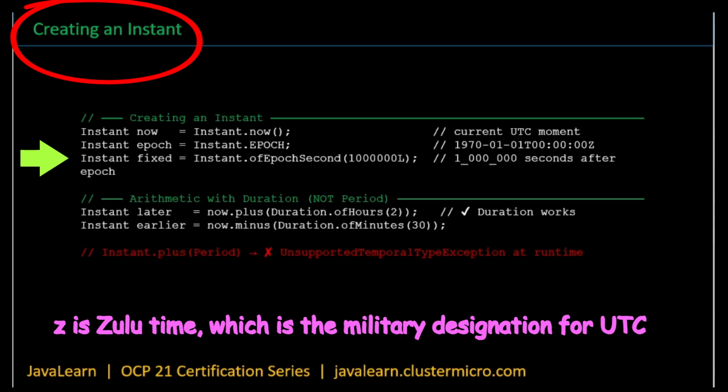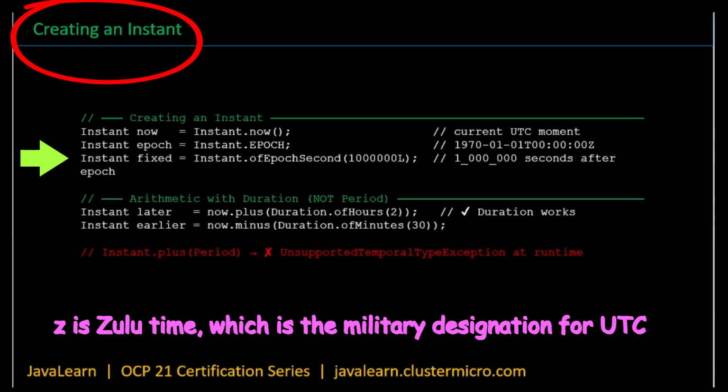So we are passing 1 million L, 1 million seconds after the epoch. The L suffix makes it a long literal, which is required because ofEpochSecond takes a long parameter. So 1 million seconds after midnight on 1st January 1970 is approximately 12th January 1970 at 13:46:40 UTC.